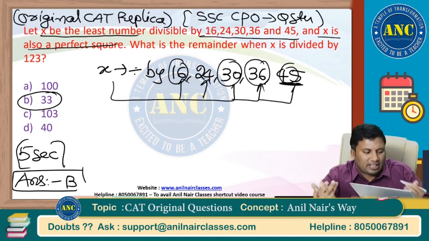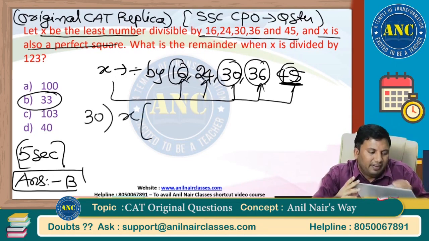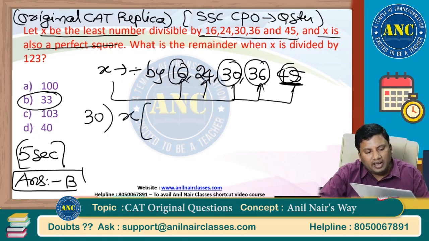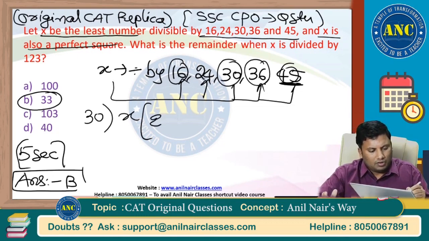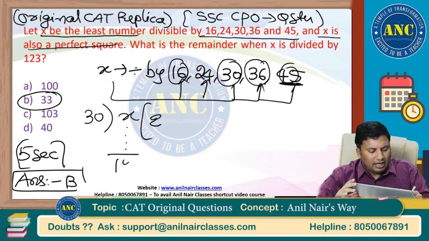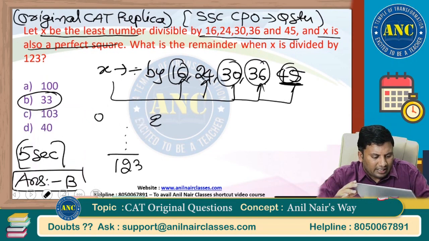You take 30, so that when x is divided by 30, dividend is nothing but divisor into quotient. Quotient I don't know. Right? When the number is divided by, remainder is 123. Now see here. I will explain it neatly for you.